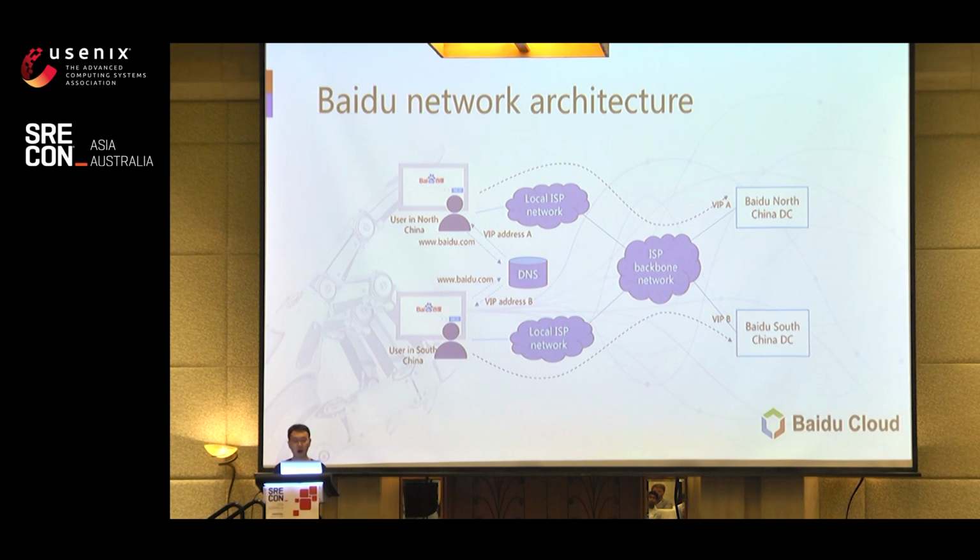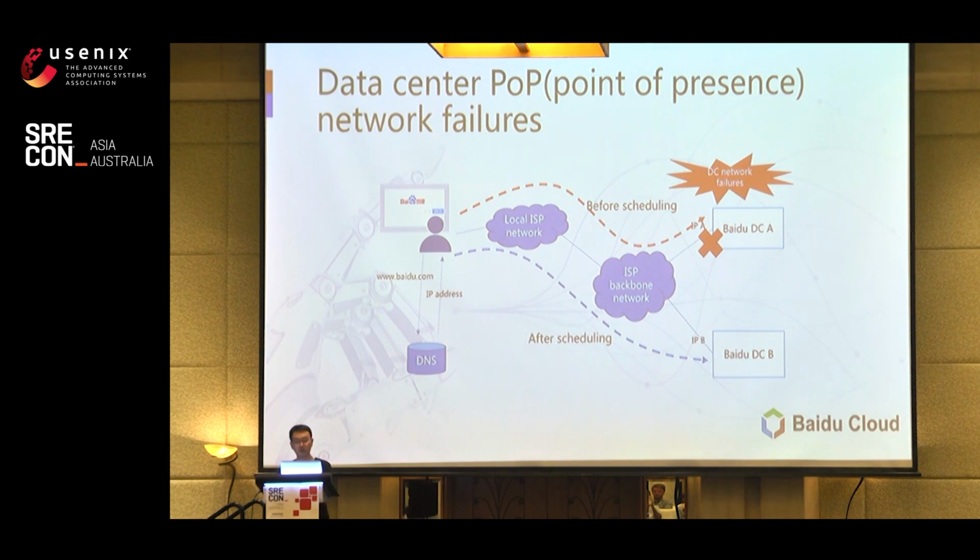Failures can happen on all these three segments in the path. They can cause different scopes of impact and require different scheduling methods. The first is the data center POP failure. POP, point of presence, is a network link for connecting data center and ISP.